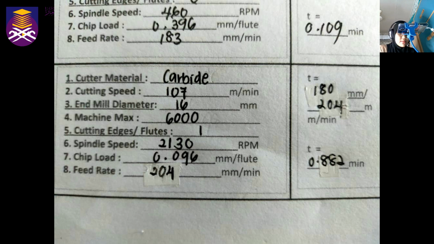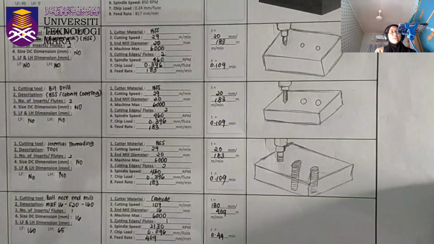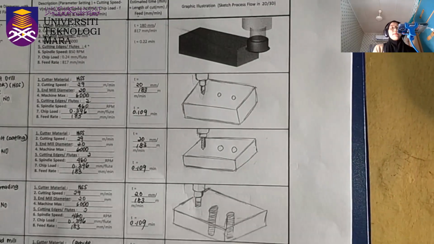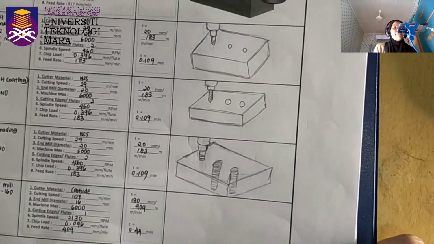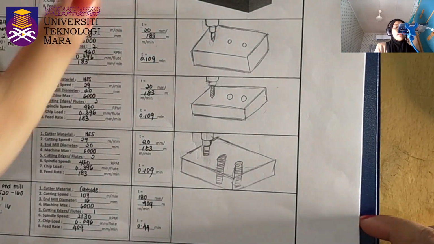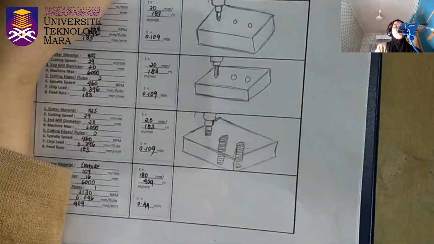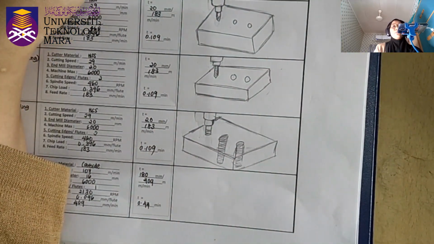So the estimated time is 0.882. Next part is a graphic illustration, which is a sketch process flow in 2D or 3D.